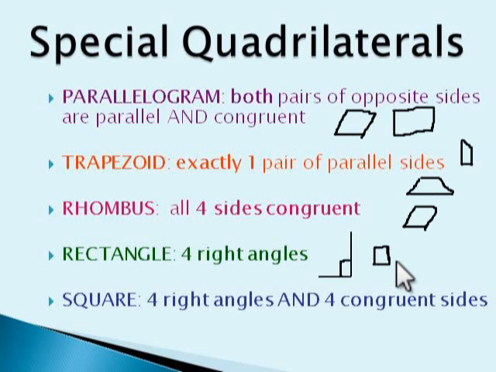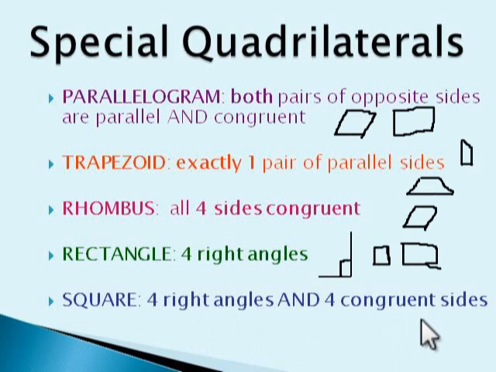Yes, it has 4 right angles. This would also be a rectangle, if I can draw straight. That's a little bit better. All four angles here we're going to pretend are right angles, and so this is a rectangle. And finally, our most definitive definition here, square. It must have four right angles and it must have four congruent sides.